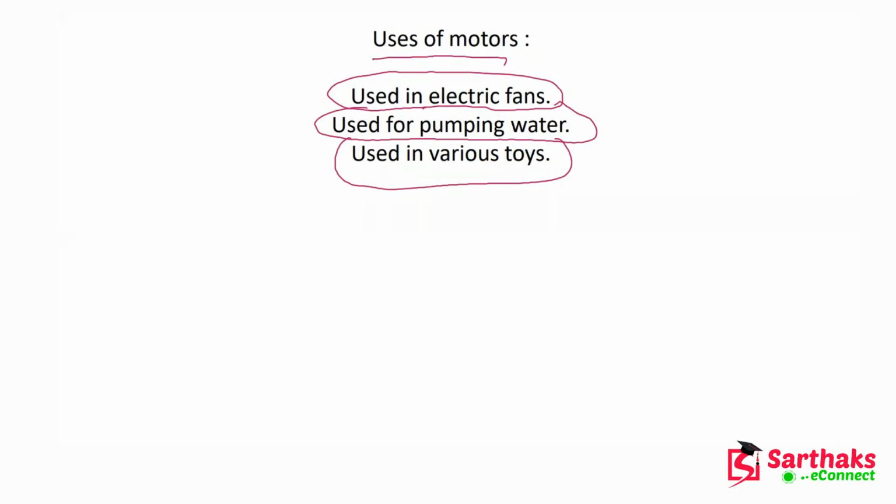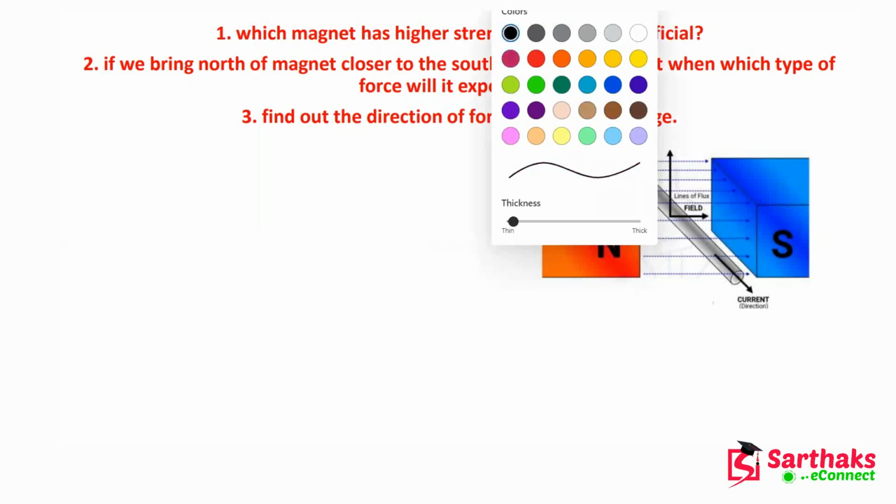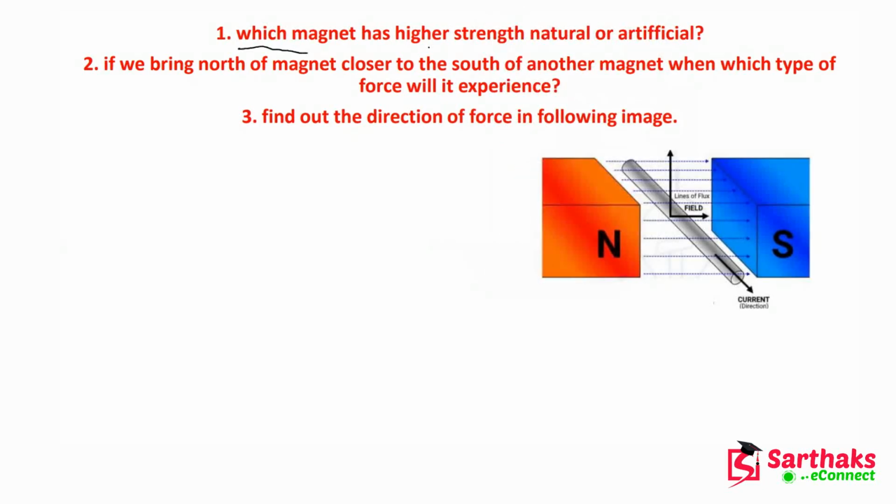Now let's move ahead to the next slide. Here we will discuss some questions, whatever we have studied till now. It will also give us some idea how the questions come in examinations.